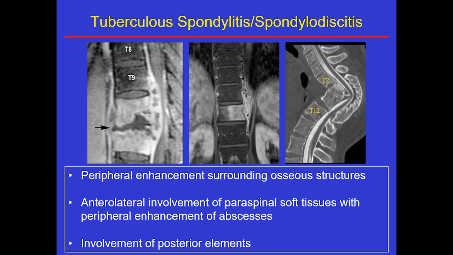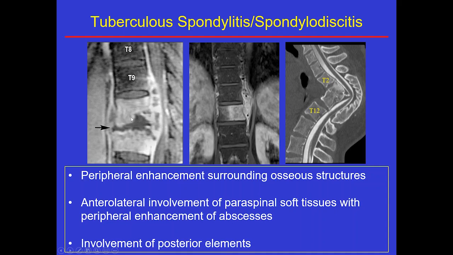So here's a couple more examples. Again, you can see that this is spreading anterolaterally with peripheral enhancement of the surrounding osseous structure. So you can see all of this enhancement in the anterolateral space, sort of rim-enhancing involvement. The disc space here, again, is not as well involved at all.